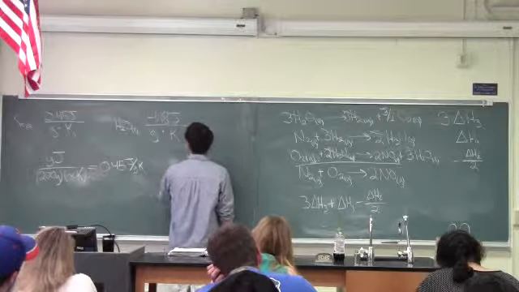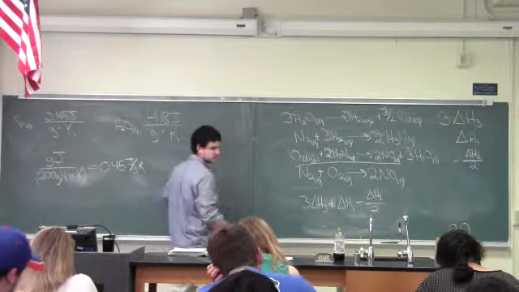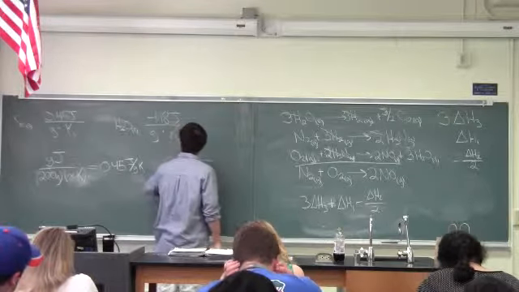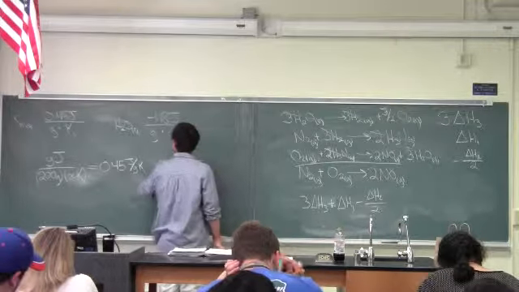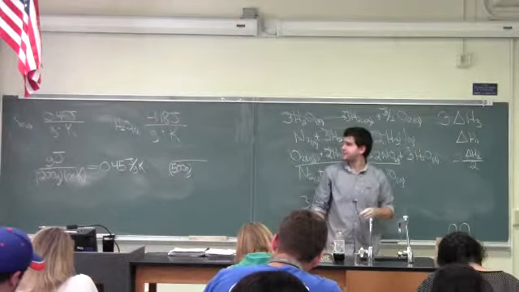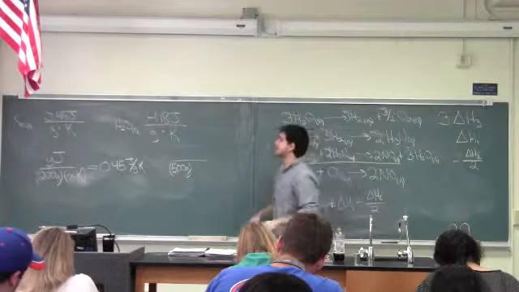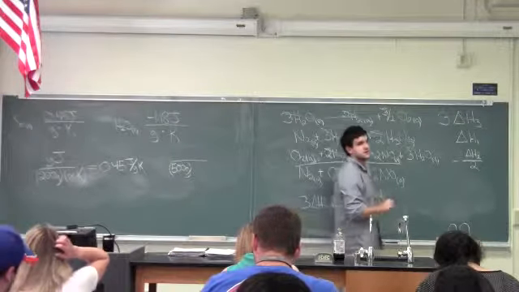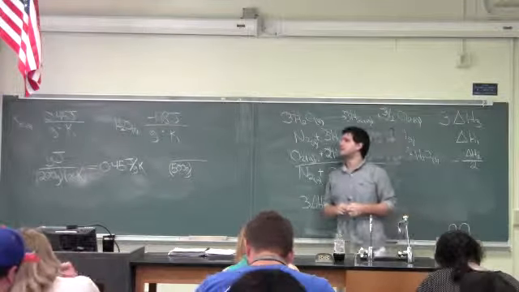Once again, I've got 500 grams of water, right? Now, I'm going to have to think about this. We'll do the easy one first. How many joules am I going to use? What variable should I use for that?